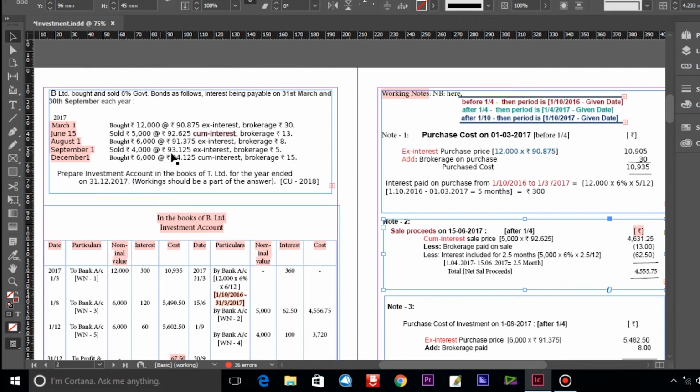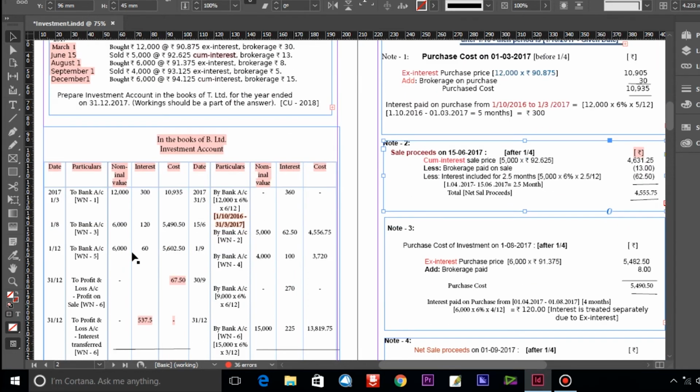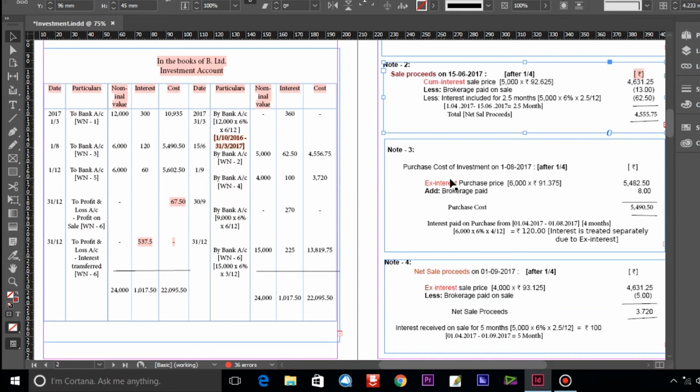Now, the third transaction, August 1, bought 6,000 rupees bonds at the rate of 91.375 ex-interest. Now we have to see note number 3, purchase cost of investment on 1/8/2017.